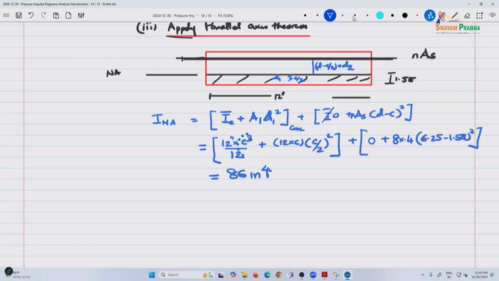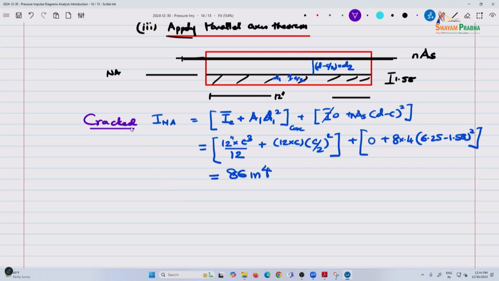Now this is the cracked neutral axis moment of inertia. The gross I sub g is simply b h cubed by 12. So this is 12 times the depth 8 cubed divided by 12. So this is 512.